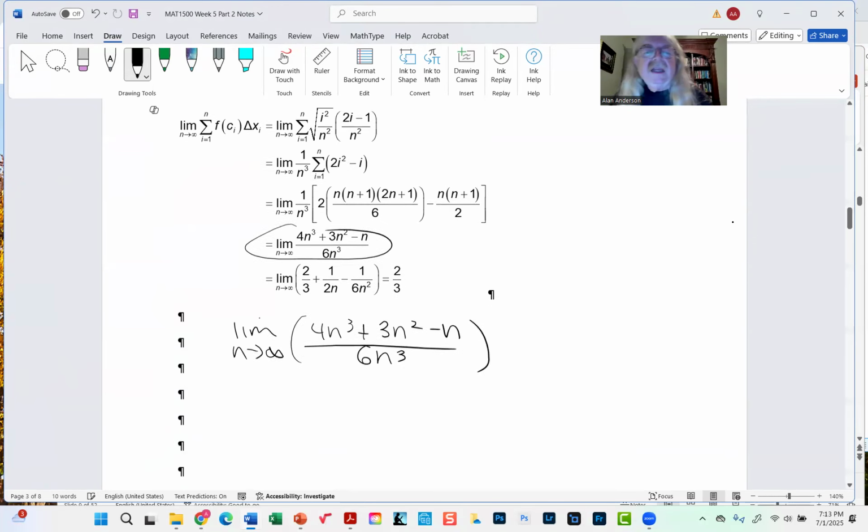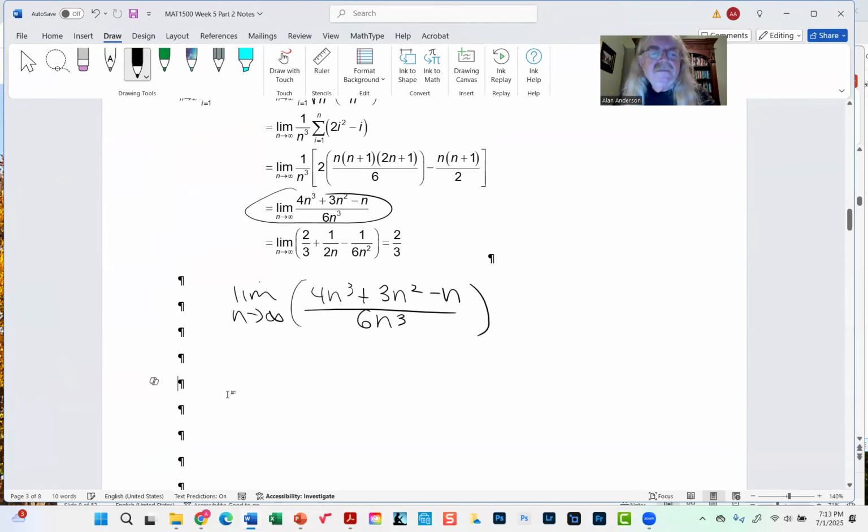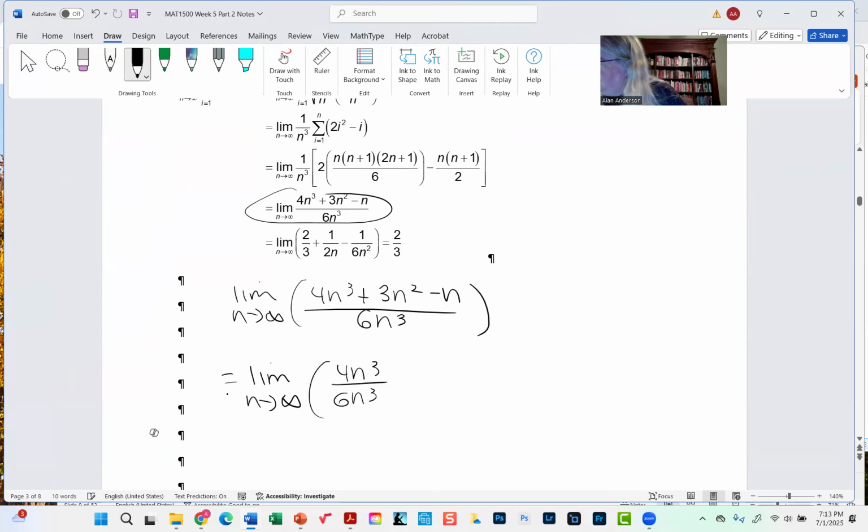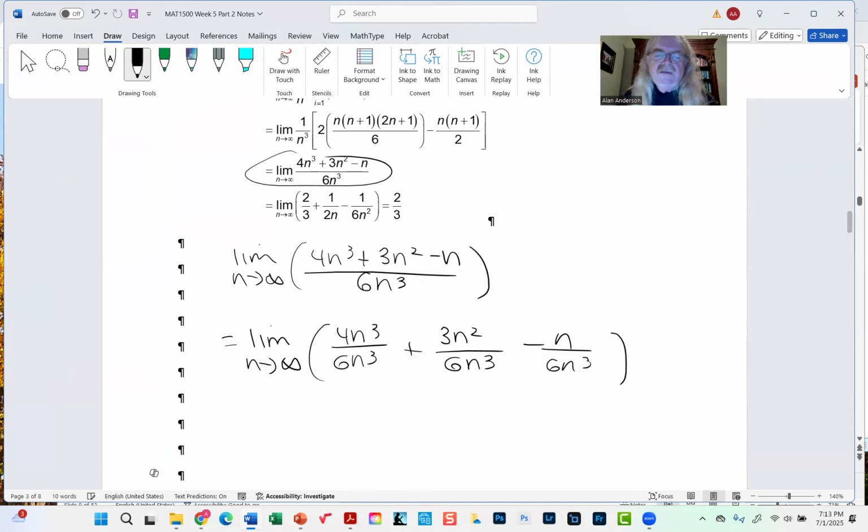And you can rewrite it as... all right, then we can simplify it a little.